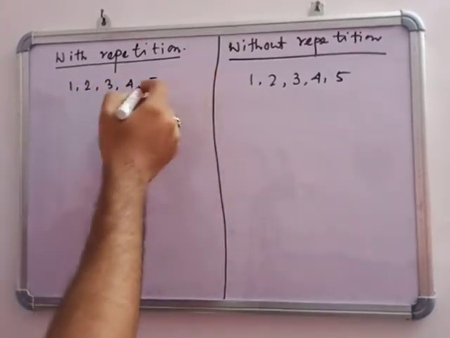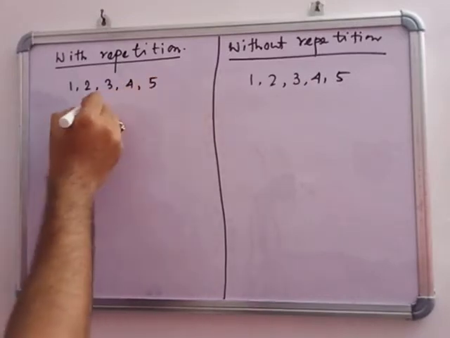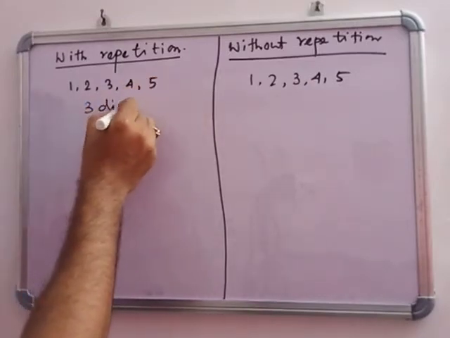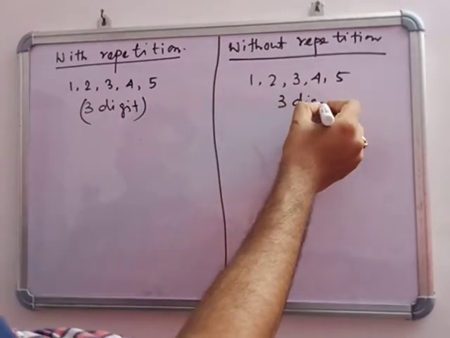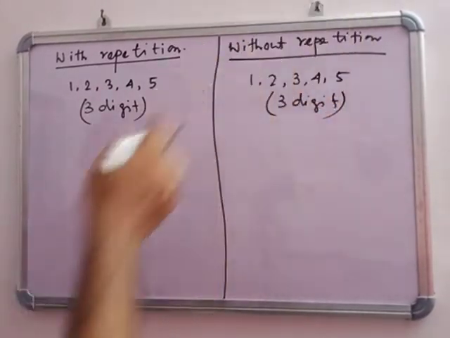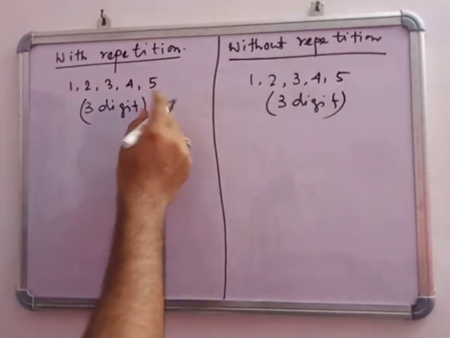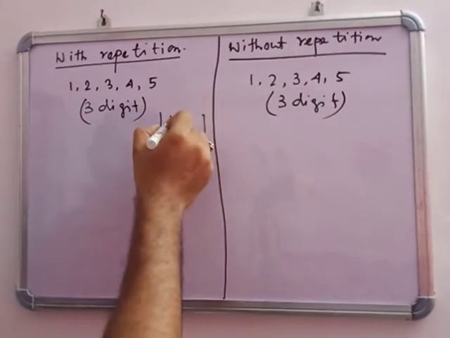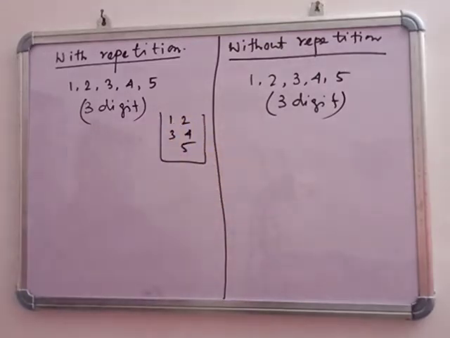You have to take repetition allowed and repetition not allowed. That means you have to make a 3-digit number for both cases, where repetition is allowed and repetition is not allowed. Now if we see in the box, 1, 2, 3, 4, 5, all the numbers are given.